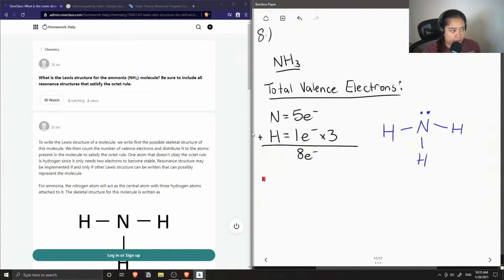So we can also find out the type of molecular shape it has by looking at the number of charge clouds. By charge clouds, I mean the lone pairs and the bonded atoms. So we have 1 lone pair and 3 bonded atoms.